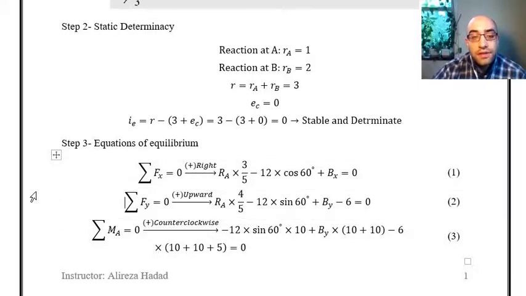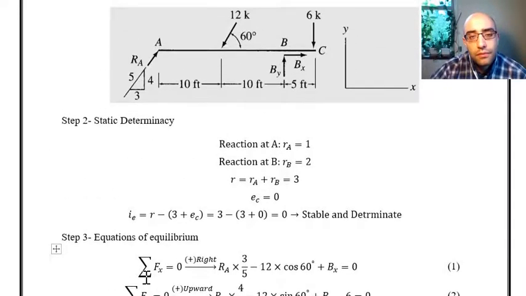As you can see, the first one is summation of forces in the horizontal or X direction is equal to 0. This is this equation. The second equation is summation of forces in the vertical or Y direction is equal to 0. And the third equation is summation of moments about a point, in this case point A, is equal to 0.